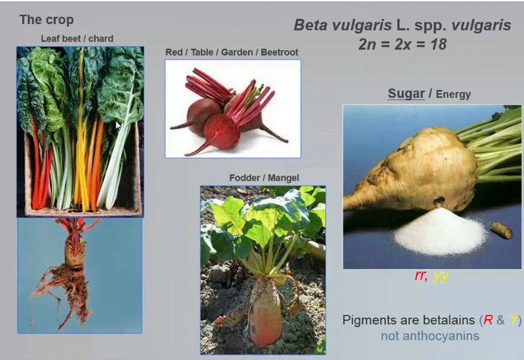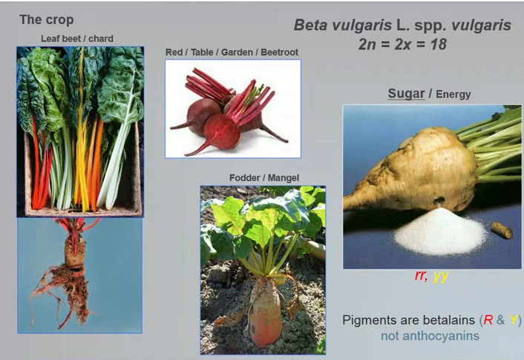Okay, so if I look at the crop and its relatives, we have leafy beets or the chards grown for their leaves, and also the petioles. We have a crop that suffers a little bit from different names.